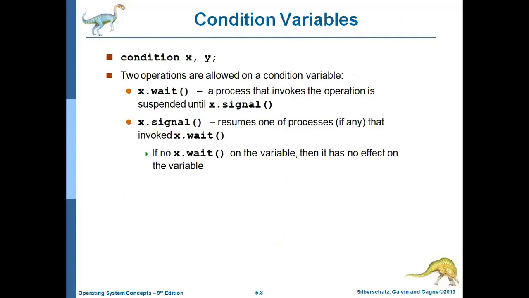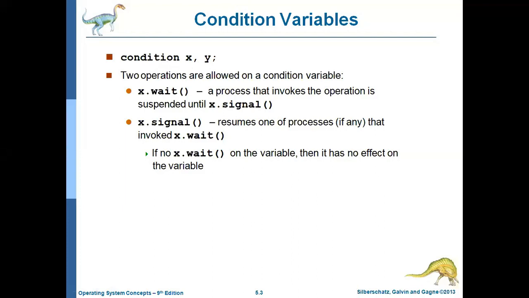As already discussed, assume that there are two condition variables, that is condition x comma y. We have to perform the operations on these condition variables, that is wait operation and signal operation.